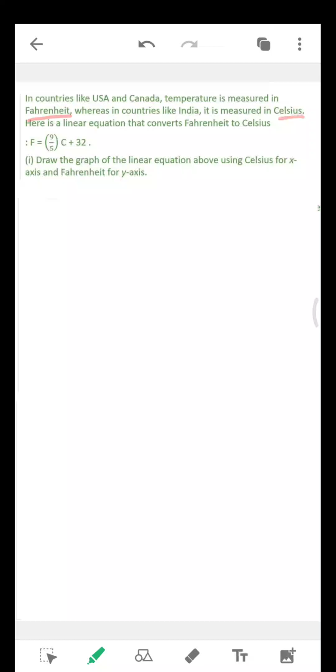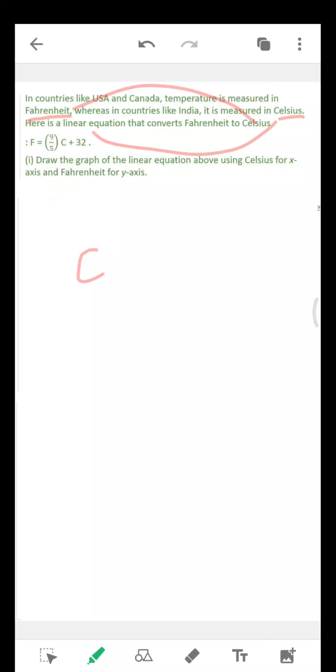These are the two basic units which we use for measuring temperature.